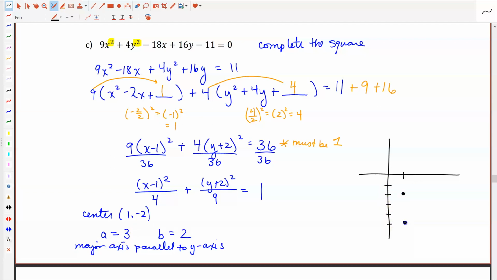That gets me one of my vertices. If I go up 1, 2, 3, that gets me my other vertex. Right, so this is a vertex and that's a vertex. My vertices are going to be at 1, 1 and at 1, -5.